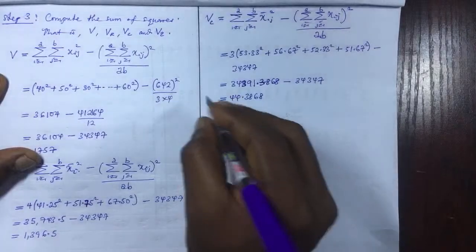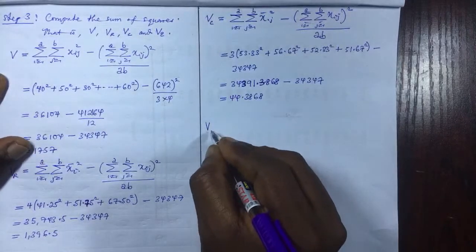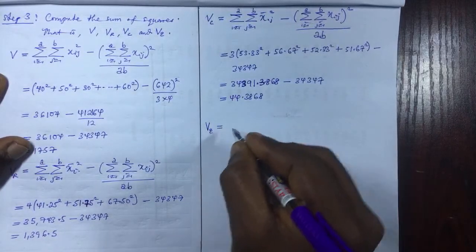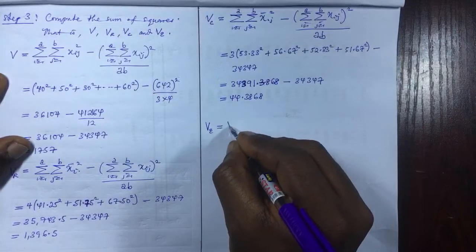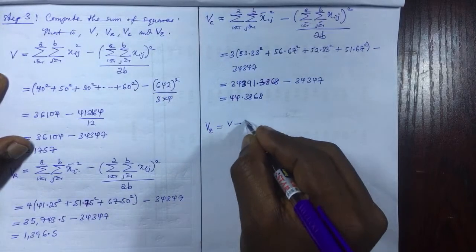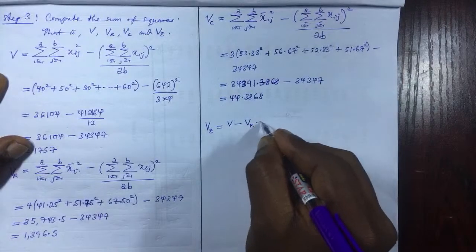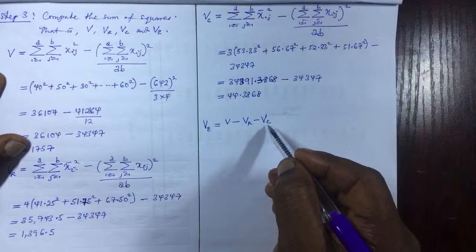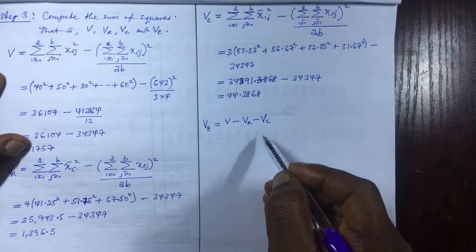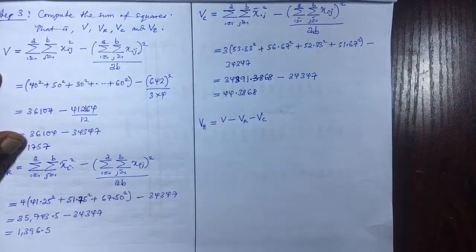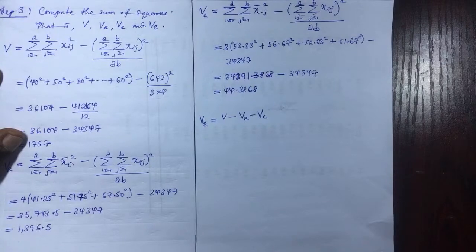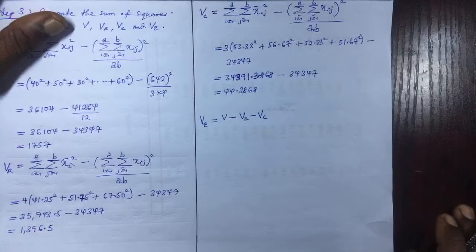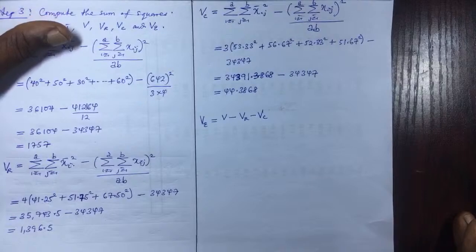So once I've gotten my variation between blocks, I'm now going to take the error variation. So that will be V minus VR minus VC. Remember, when you add the variation between treatments to the variation between blocks and to the variation in the error setup, you are going to have V, the total variation.